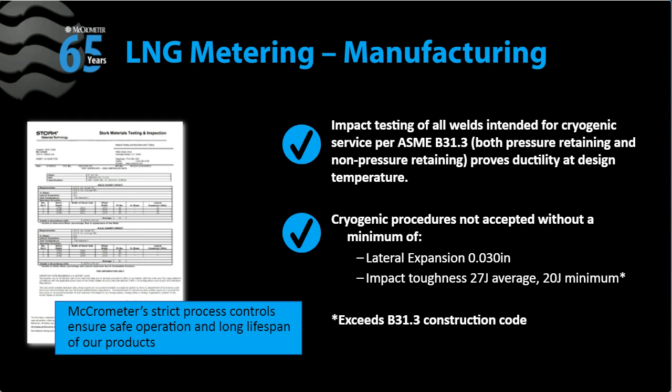All of these cryogenic procedures are not accepted unless we've got a minimum lateral expansion of 0.03 inch and impact toughness of 27 joules average, but 20 joules minimum. And we use that even though it exceeds the B31.3 construction code. Primarily it's using strict process controls so that we can ensure the operation and long lifespan of all of the products that we manufacture.